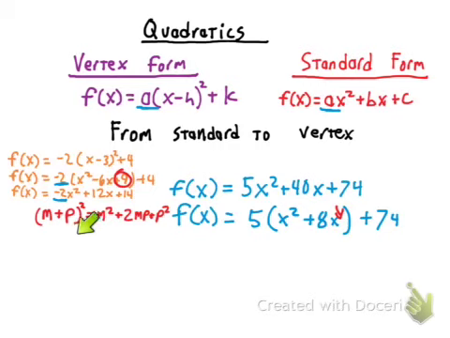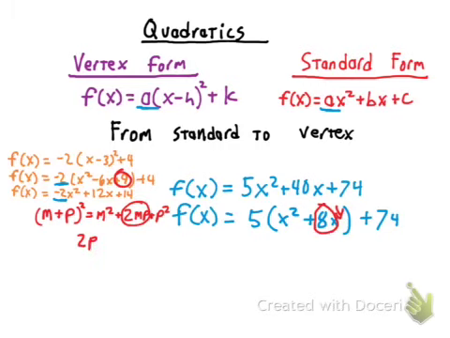I've got m plus p, and I want to do m plus p quantity squared. I FOIL that out. I get m squared plus 2 times m times p plus p squared. So my 8x term here is like my 2mp term here. So my 8 is like 2 times p. I can use that fact to figure out what to put in here.